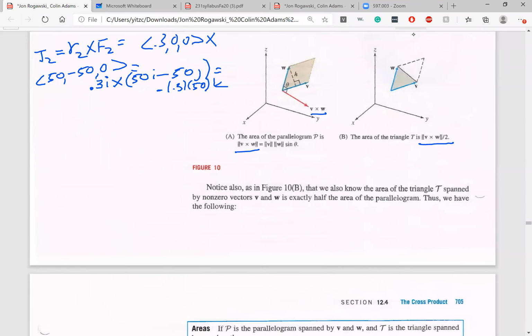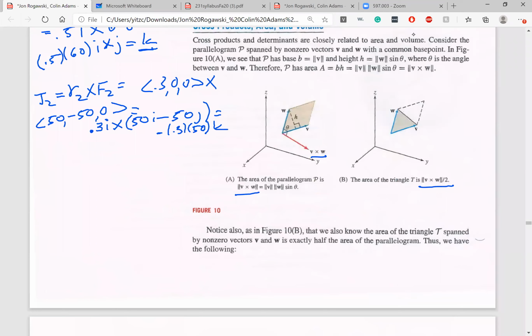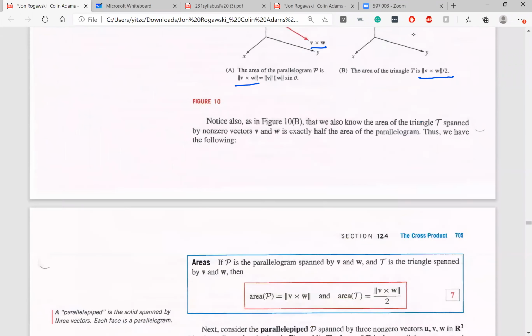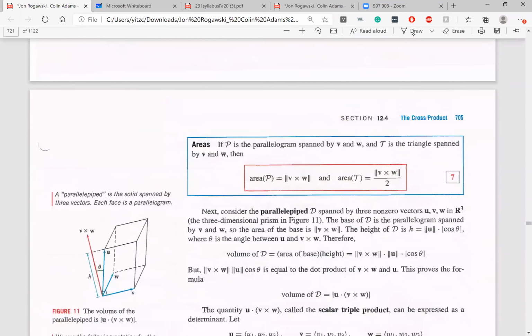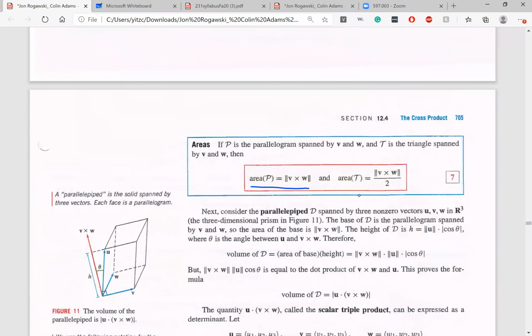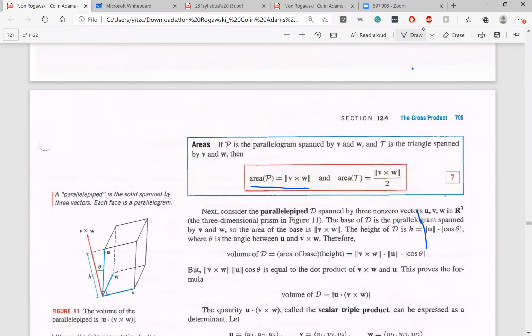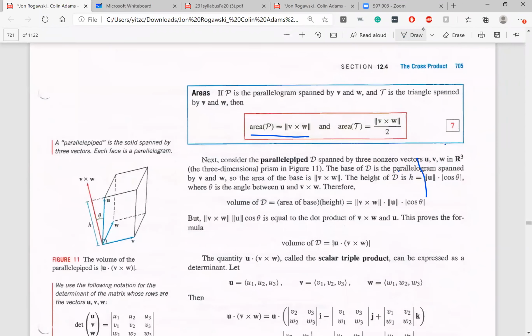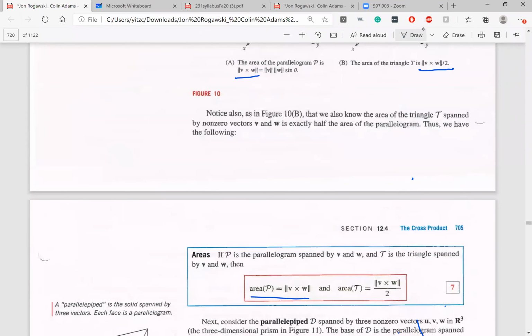Any questions? Okay, so here are the two equations, area of the parallelogram, V cross W, magnitude, and the area of the triangle is 1/2 of that. And like I said, they probably talk about the proof above.